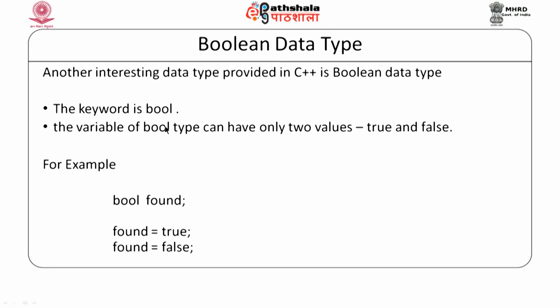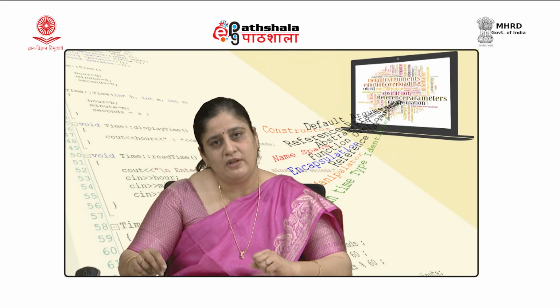Let us see, if we want to define a variable of bool type, we can define it like bool found, and once we define the variable of this bool type, we can assign either a true or false value to it. Now, these constants true and false are also represented internally as integers, and that also helps us in achieving backward compatibility to C. Now, for what kind of purpose would this Boolean variable be used?